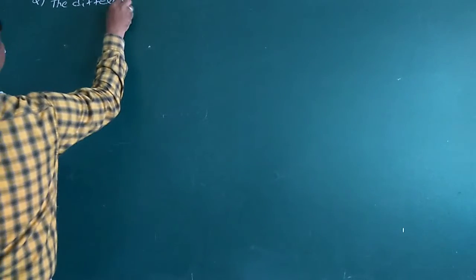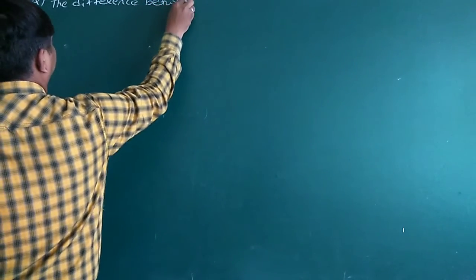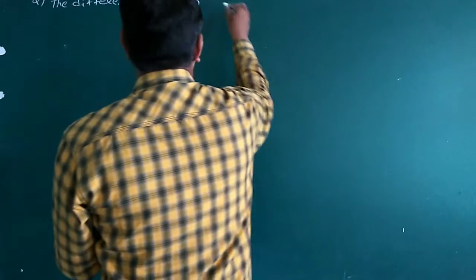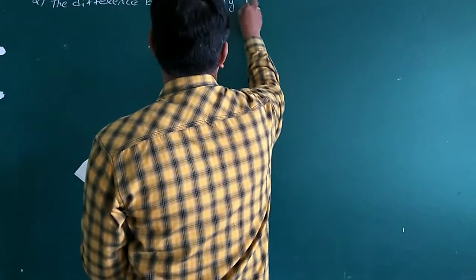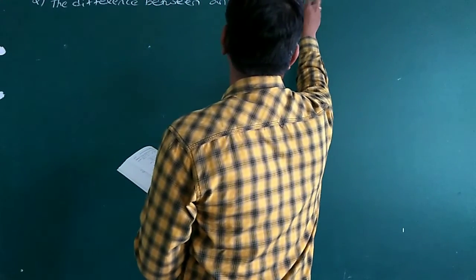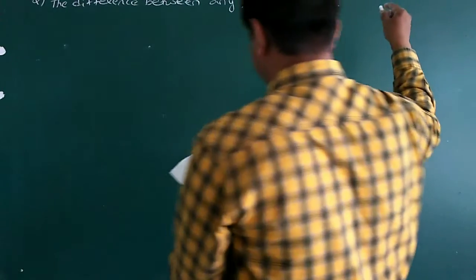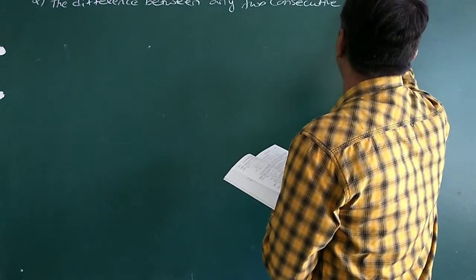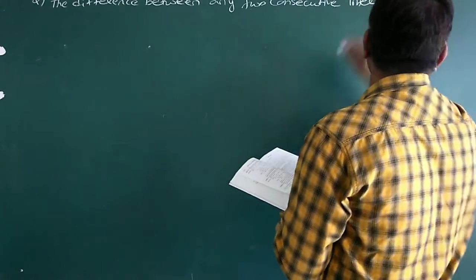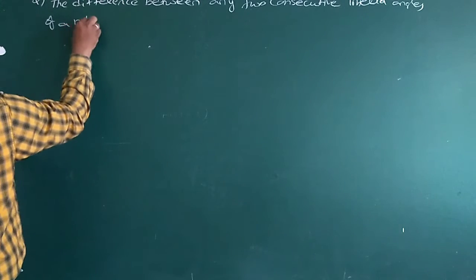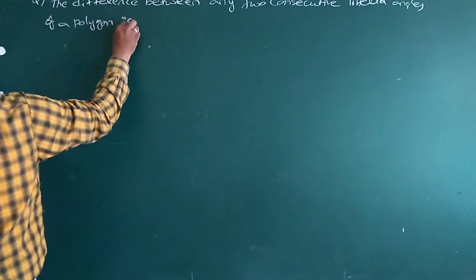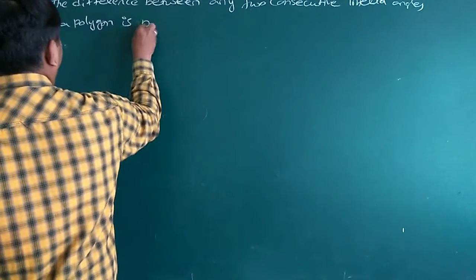Next question. The difference between any two consecutive interior angles of a polygon is 5 degrees.